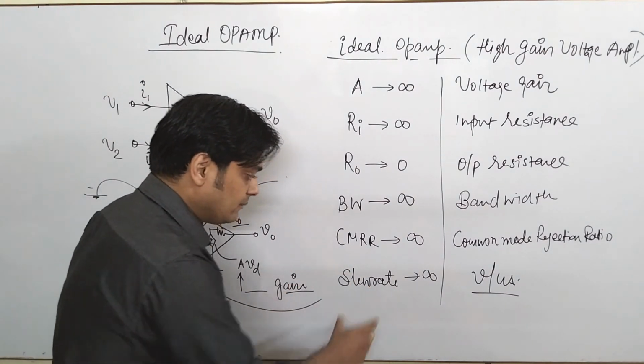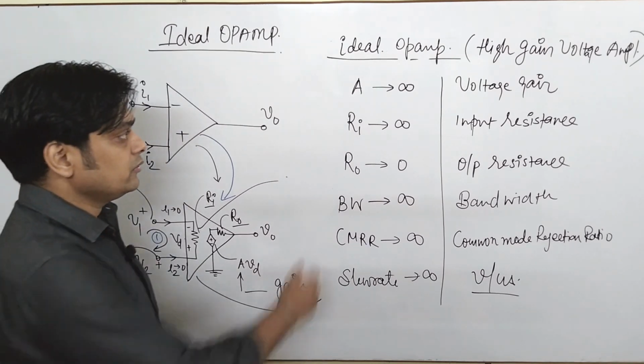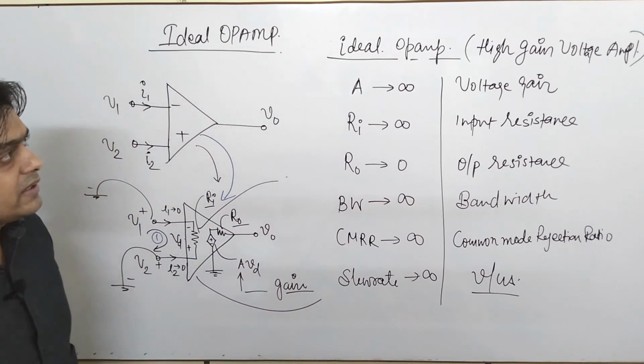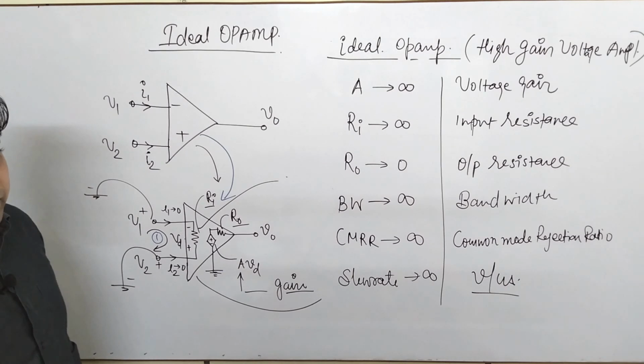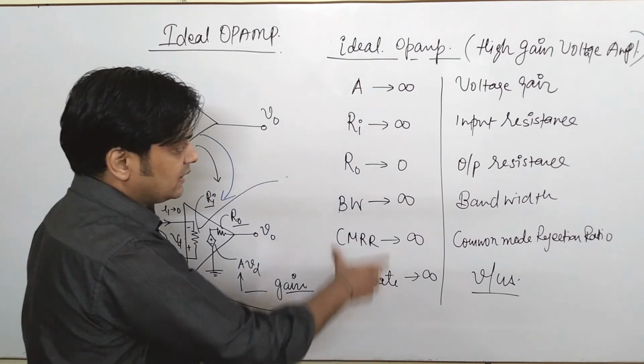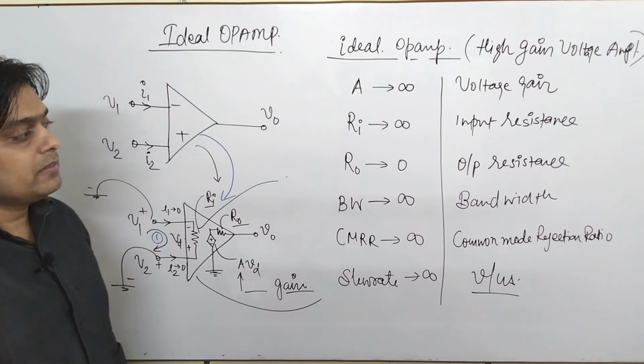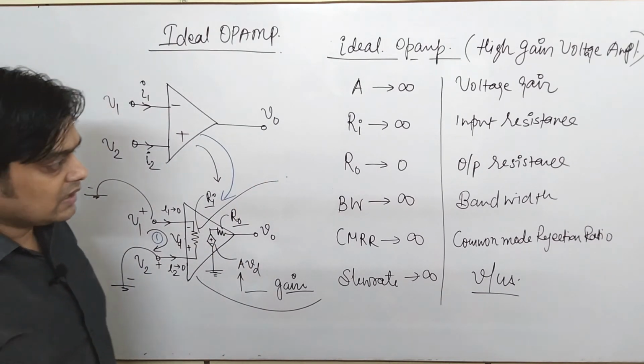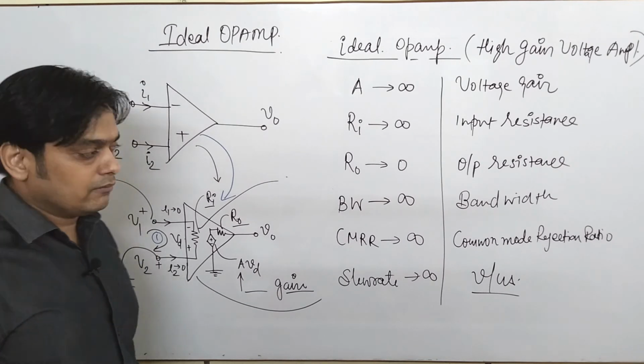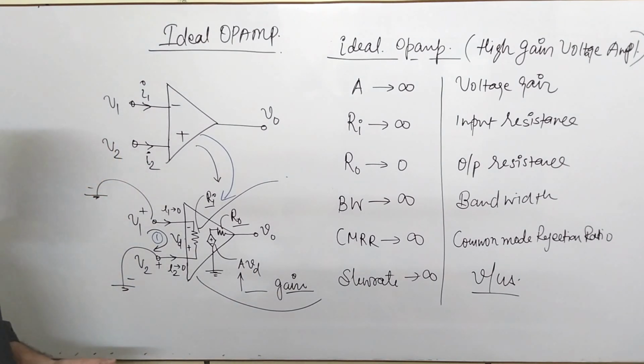That is defined by the parameter known as slew rate. So these are the 6 different parameters of an ideal operational amplifier, and you just remember these 6 parameters. Depending upon their usefulness during our numerical problems, we will see all these parameters. So this is all about the ideal operational amplifier.